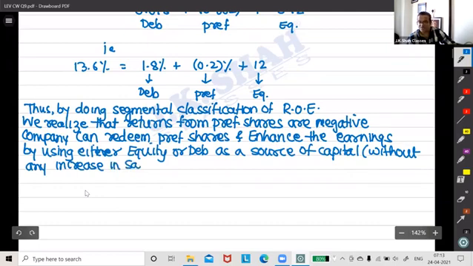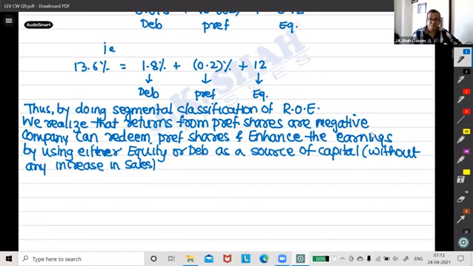If sales increases, that's a different story. Within the same sales, just by changing the capital structure, company can enhance its earnings. Have you all understood this? Okay.